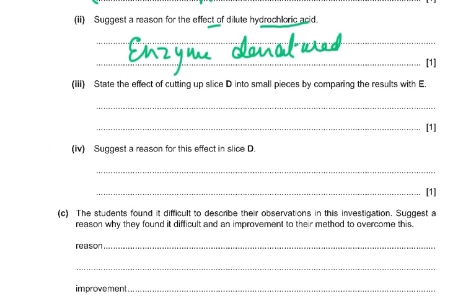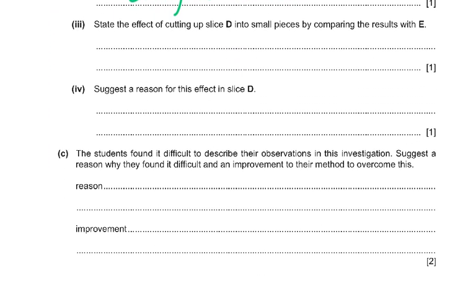Now coming to part 3, state the effect of cutting up slice D into small pieces by comparing the results with E. So one you didn't cut up, the D, when you cut up the D into small pieces, it turns brown more quickly. So cutting up into small pieces means you expose more area.